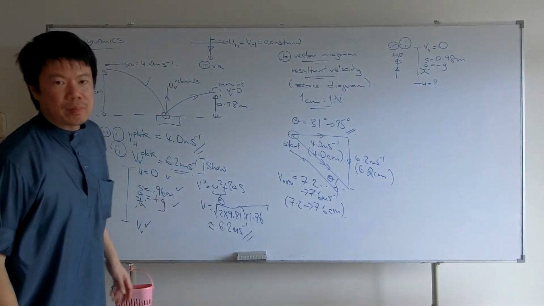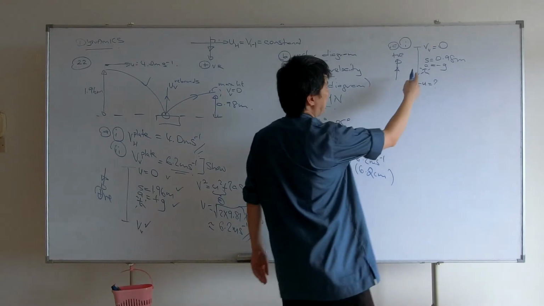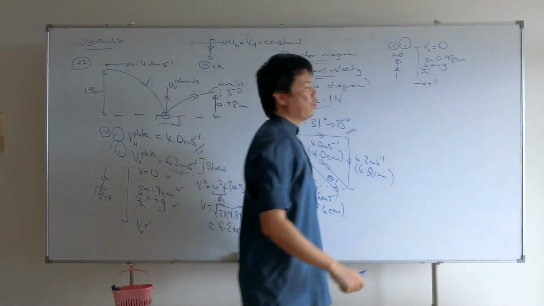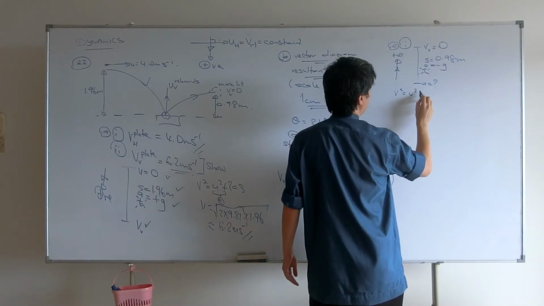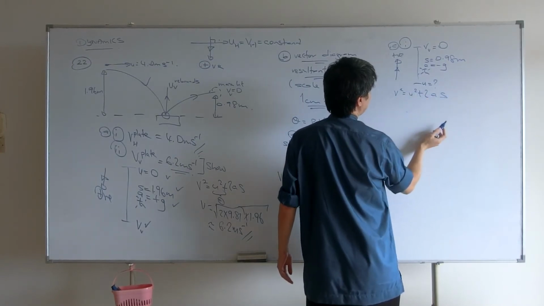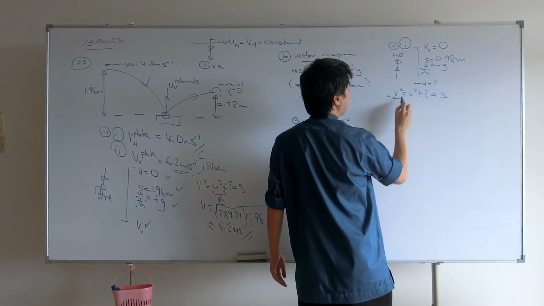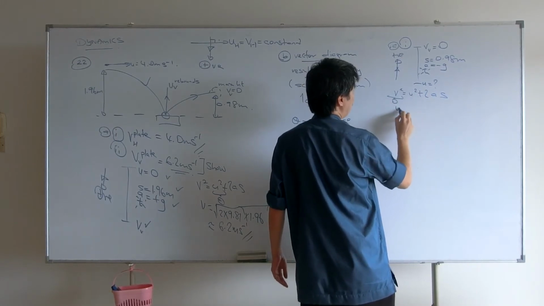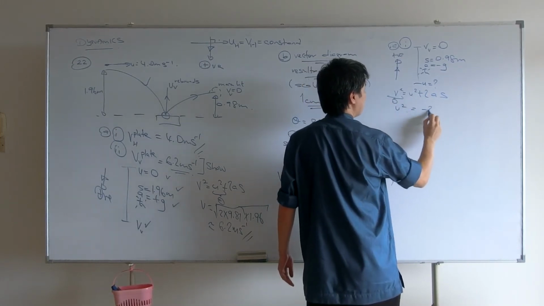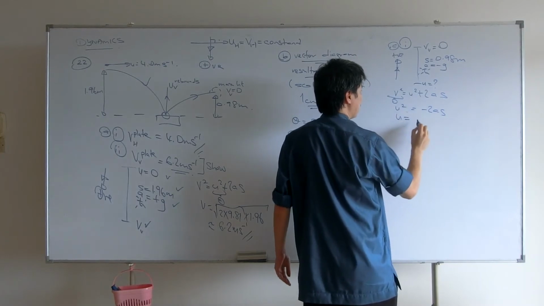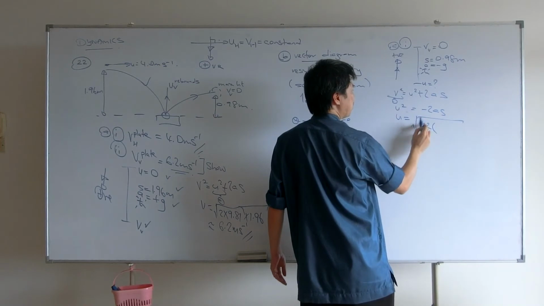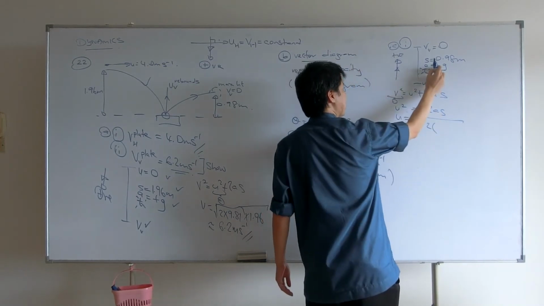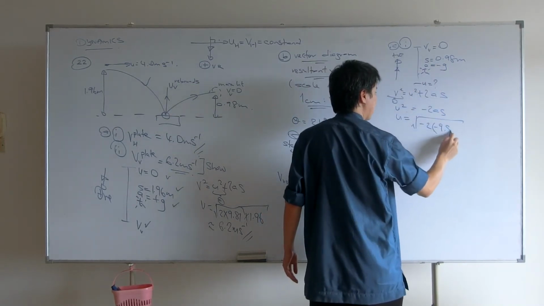So, only one equation, the fifth equation of motion. Let's go straight to it. V squared equal to U squared plus 2as. Then V here is equal to 0. So what you get will be U squared equal to minus 2as. U is equal to the square root of minus 2 times a times s, but direction is correct, so your g here will be minus 9.81.